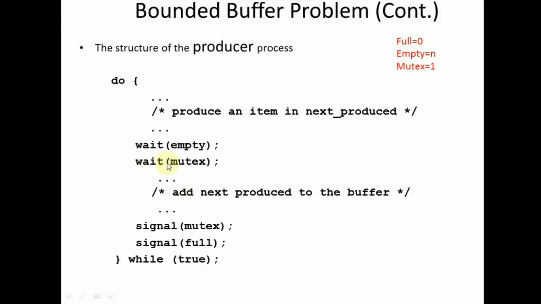So after it calls wait on mutex, it is allowed to add the item to the buffer. Once it has completed adding the item to the buffer, it signals the mutex. So what happens when I call wait on mutex? 1 is decremented to 0. Let me give back the values here. Empty, which I am calling E, becomes n minus 1.